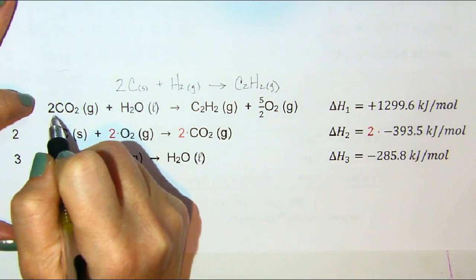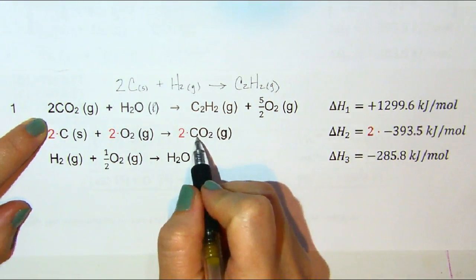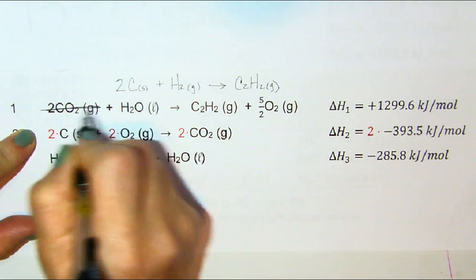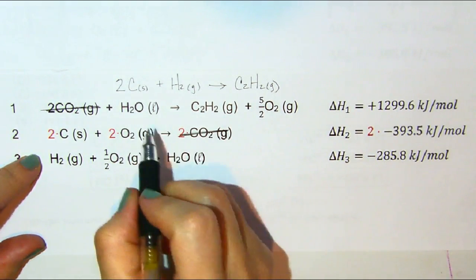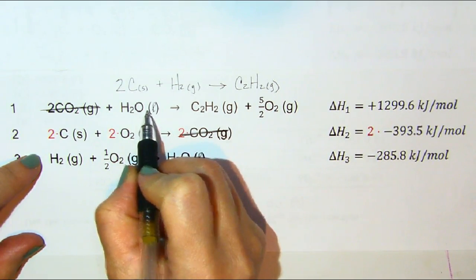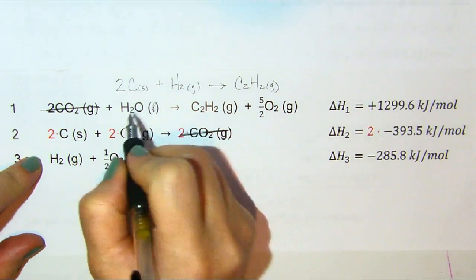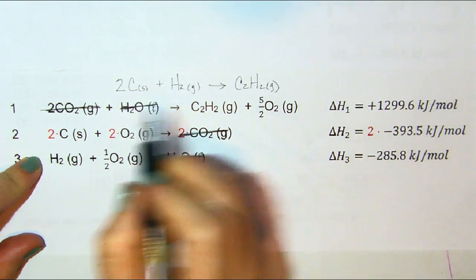So we have 2 CO2s on the reactant side of equation 1 and 2 CO2s on the product side of equation 2. So that means they are going to cancel with each other. We have an H2O as a reactant liquid in equation number 1, and we have H2O as a product liquid in equation number 3. And so those will cancel out with each other.